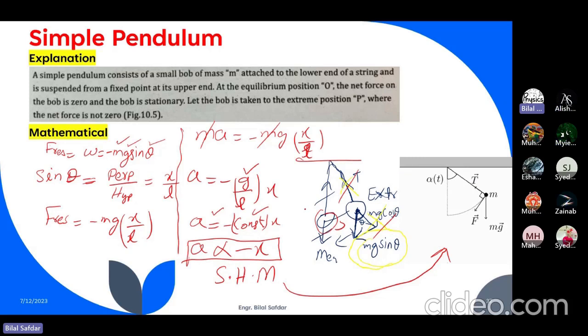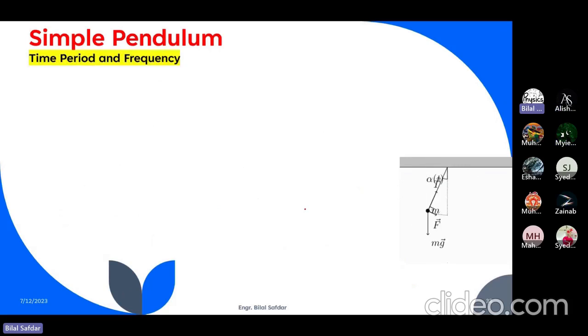Yes, any confusion? No, sir, no confusion. Okay, like the previous one, the same method is applied here. We put the time period, T equal to 1 over f, or f equal to 1 over T, and the acceleration formula, minus omega square x, where omega is 2 pi f.